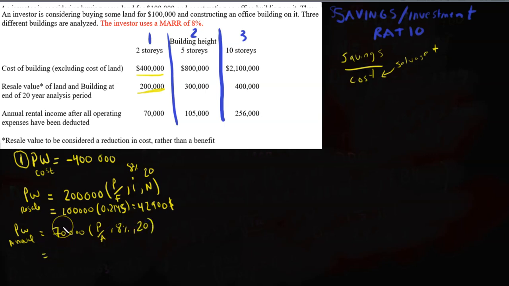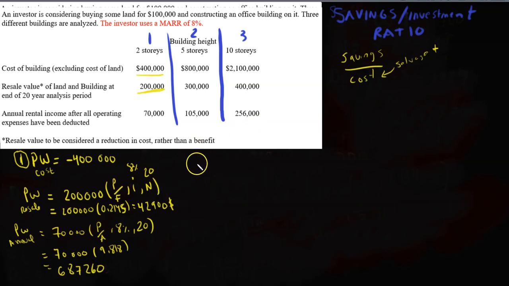Going into the tables, for P over A at 20, we get 9.818, giving us a value of 687,260. So that's all you're going to do for that.